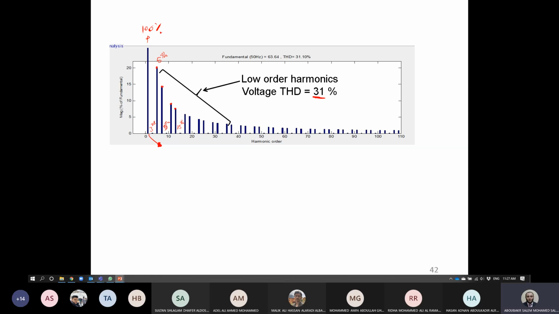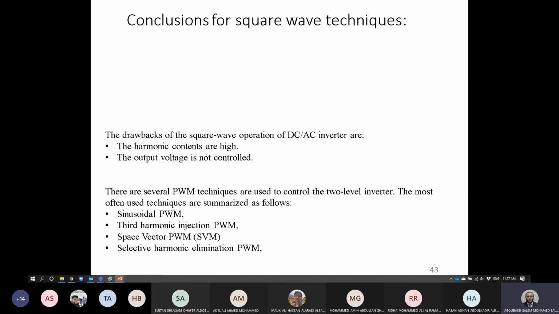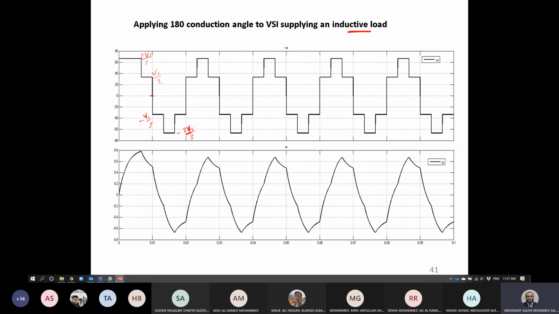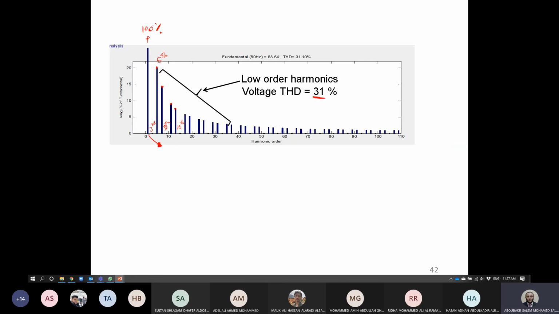Actually, we have a Fourier series for the 180 conduction. Unfortunately I didn't write the relation here, but there is a well-known relation for the analysis of the voltage here, and if you substitute in the waveform voltage, you will find that third harmonic and multiples are 0.